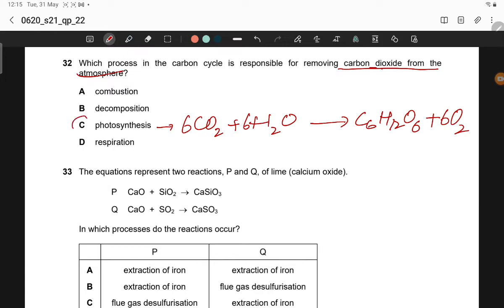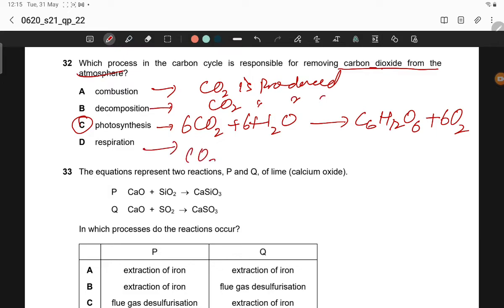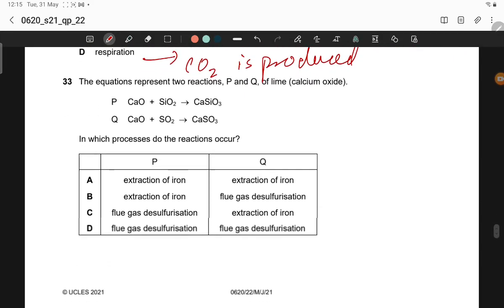So photosynthesis must be correct. In combustion, carbon dioxide is produced, and in decomposition also carbon dioxide is produced. In respiration also carbon dioxide is produced. So C must be correct.